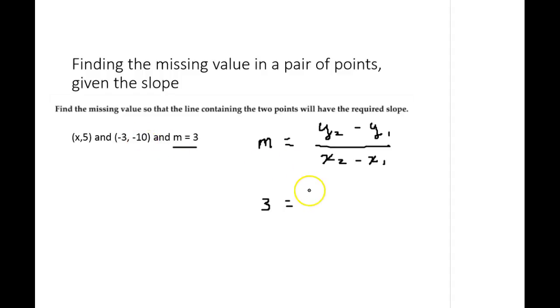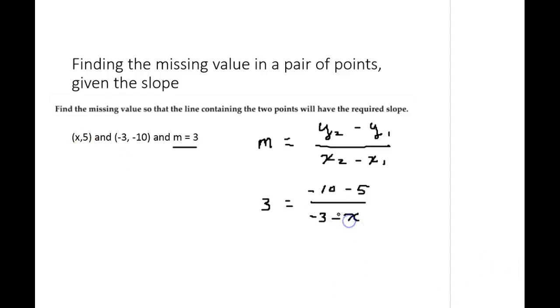y2 is negative 10 minus 5 over x2 is negative 3 minus, I don't know what x1 is, so I'm just going to put an x there.